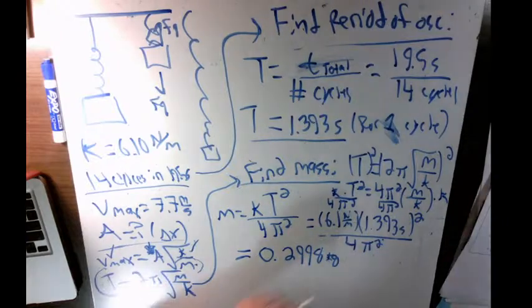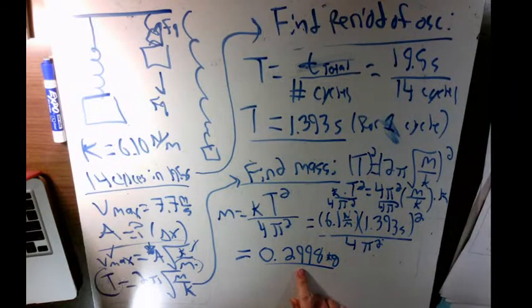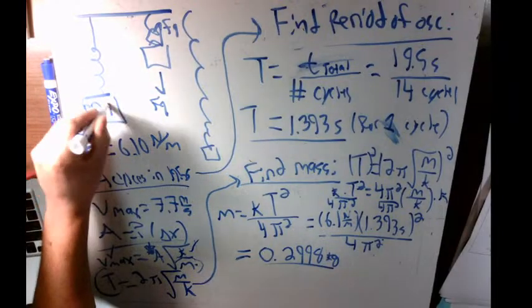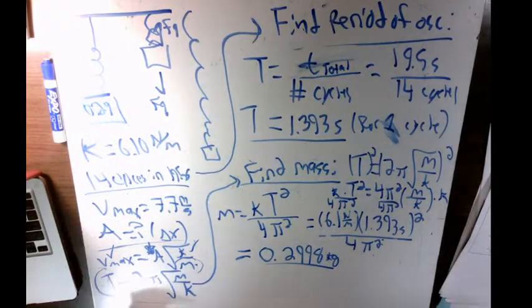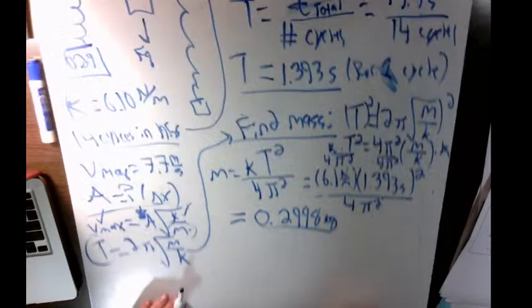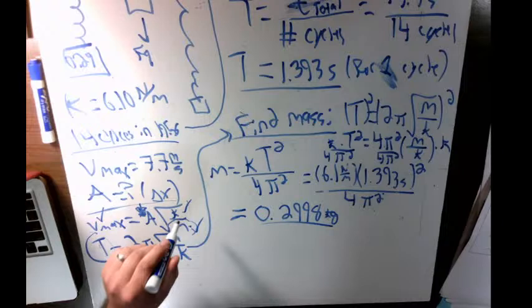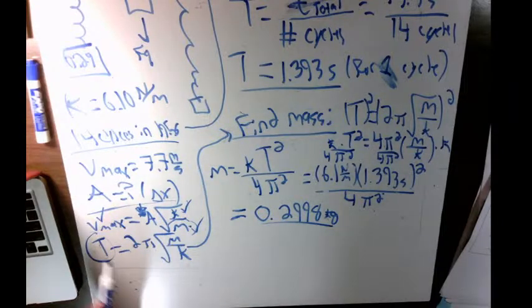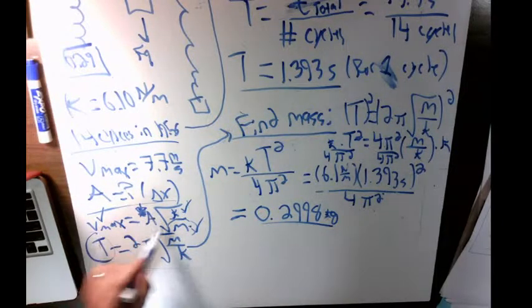We're left with kilograms. So that's the mass that is suspended, 0.29, pretty much 0.3 kilograms. But we're going to keep our significant digits all the way to the end. Now we have mass, we have our spring constant, we have our max speed, we're looking for amplitude.